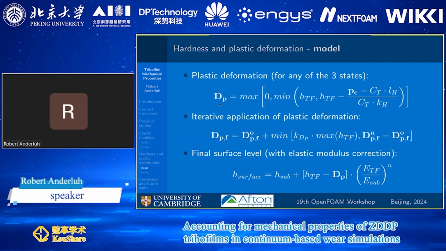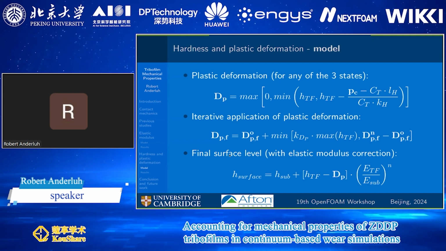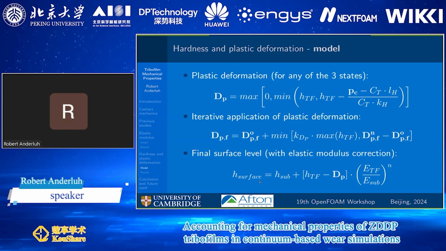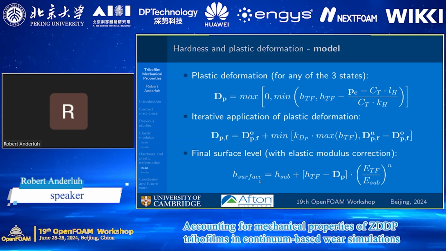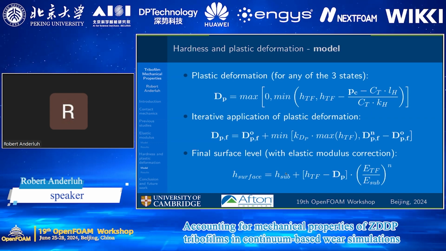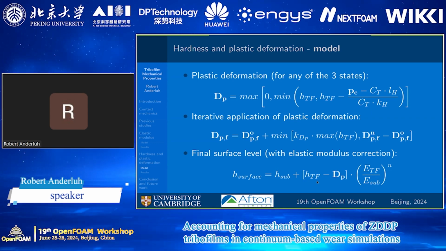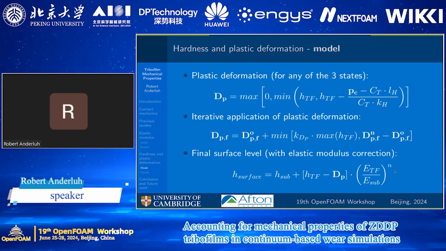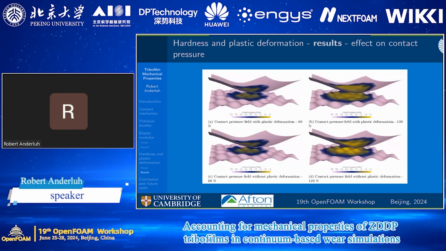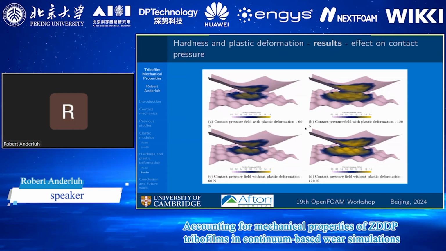And then once we have this plastic deformation, we can calculate the final surface level, now referring to the previous elastic modulus model, as the sum of the substrate and the tribofilm with deformations, and with the tribofilm elasticity correction factor. We can look at how this affects our results.